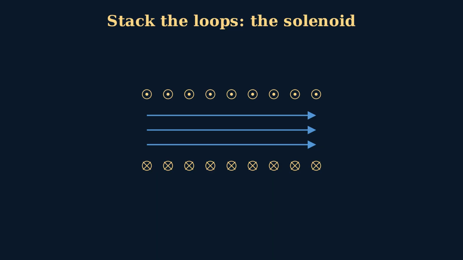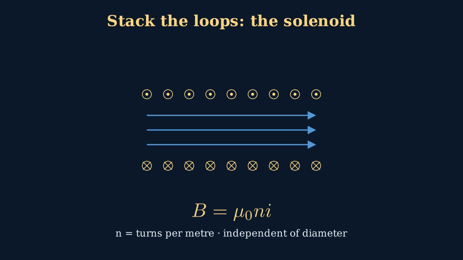Inside the tube, the field is uniform. And the field is simply mu naught, n, I: turns per meter, times current. It doesn't depend on the diameter, or on where inside you stand. This is the magnetic version of the parallel plate capacitor, a clean box of uniform field.